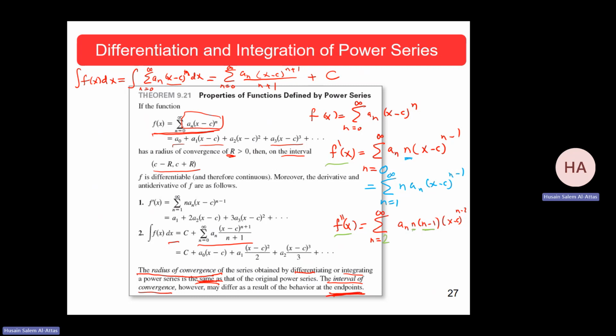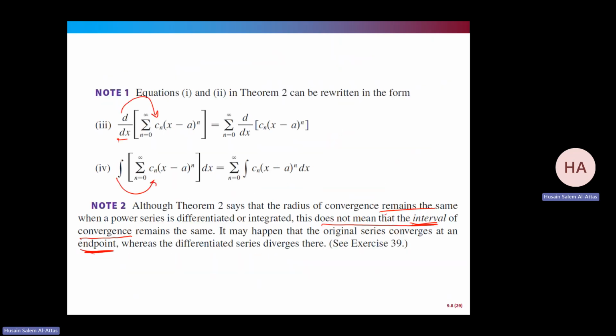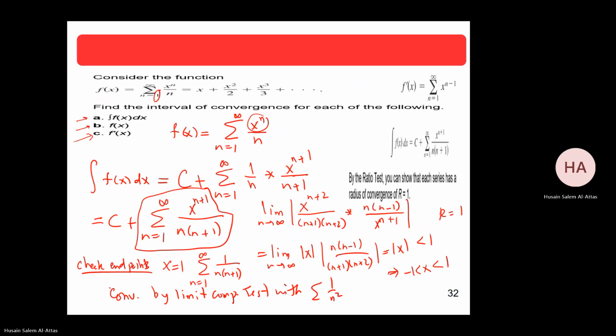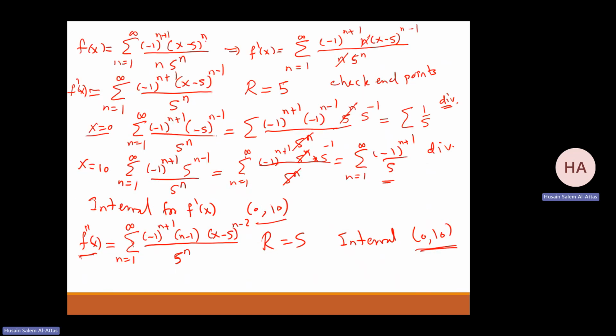The endpoints maybe. The derivative may take away some endpoints, and the integral may add endpoints. That's mainly the thing, and you can see it easily here. This is the function. The derivative took this endpoint. The integral added this endpoint. It may add, it may not. It depends on the problem.